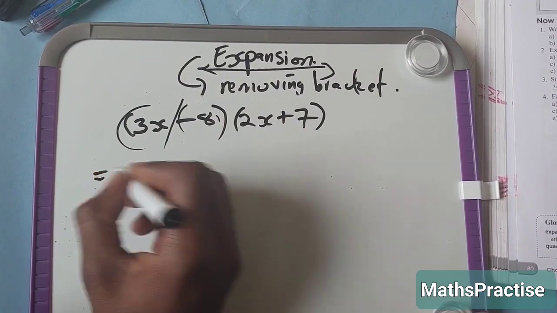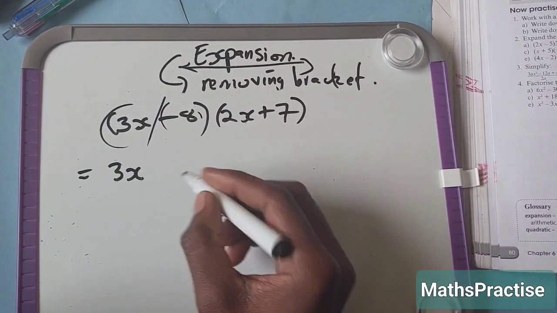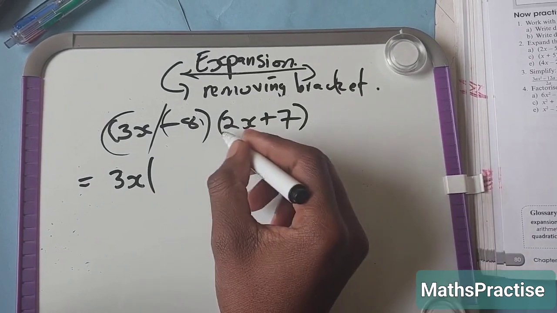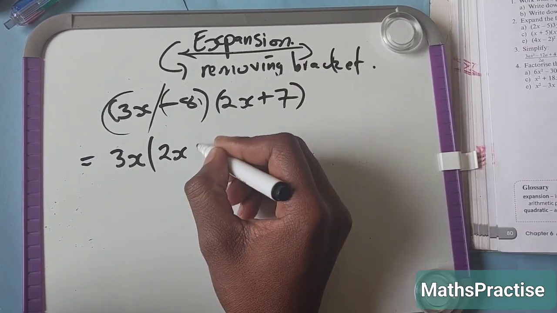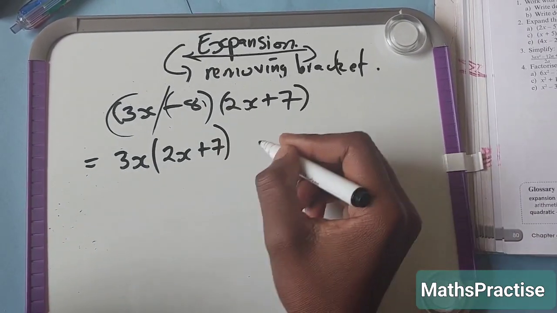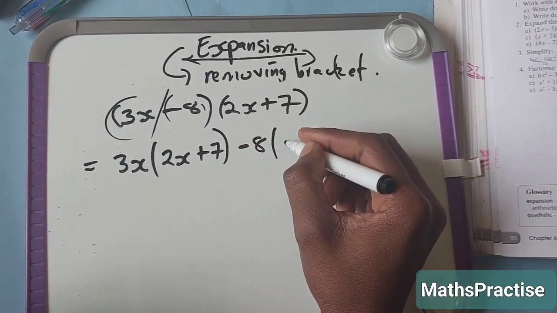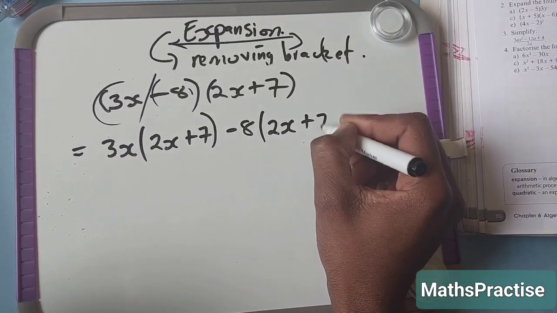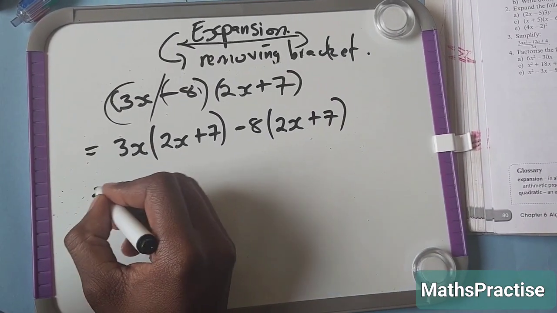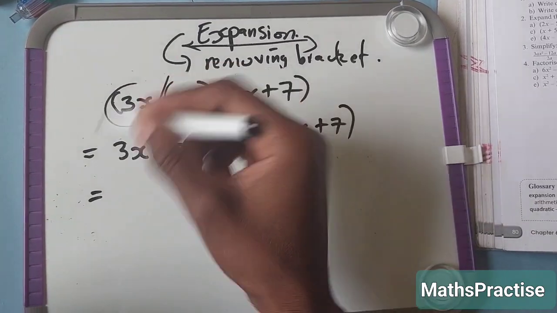So you have 3x, and you're going to multiply it with the whole bracket 2x plus 7, minus 8, the other part, then you're going to multiply it with the whole bracket 2x plus 7. Then you simplify, like what we did in the previous example.